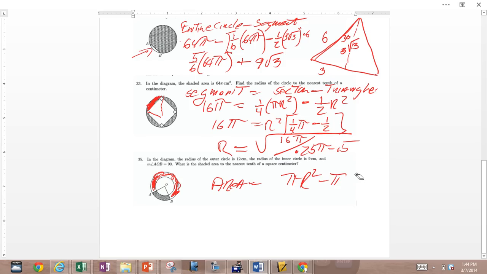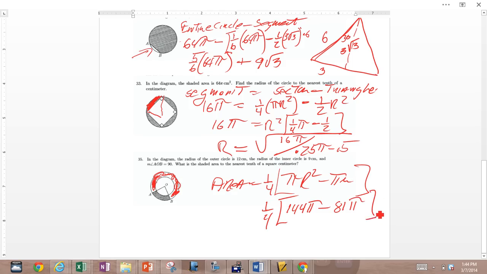But really what I want is 1/4 of that, because I only want a 90-degree slice of that. So that would be 1/4 of big R squared, which is 12 squared, so it's 144 pi minus the smaller, which is 9 squared, so it's 81 pi.